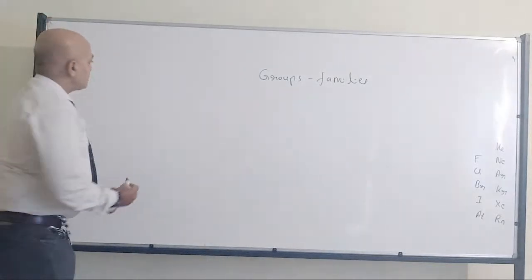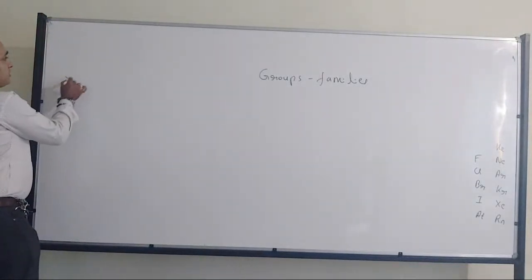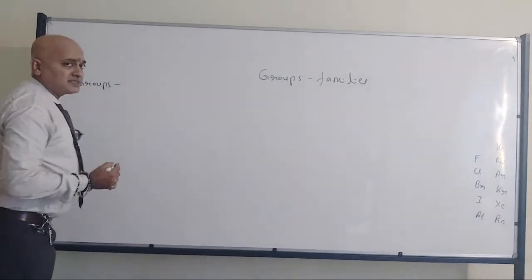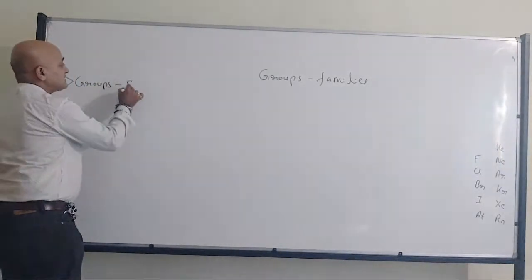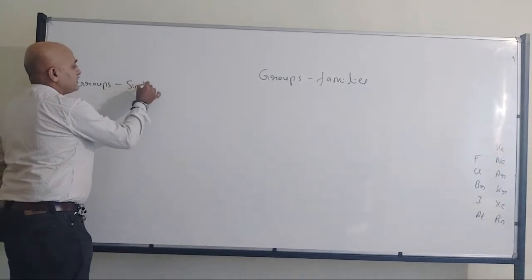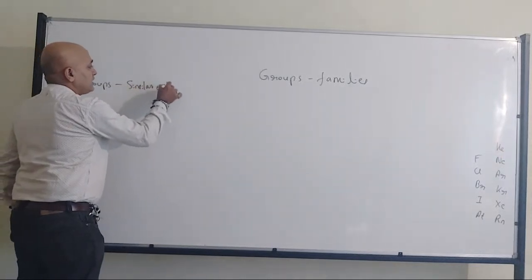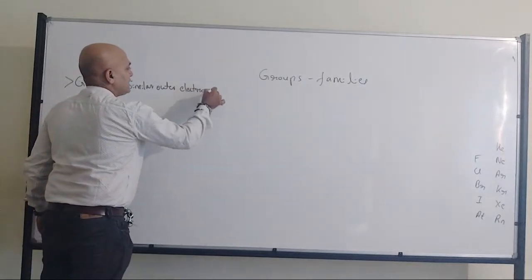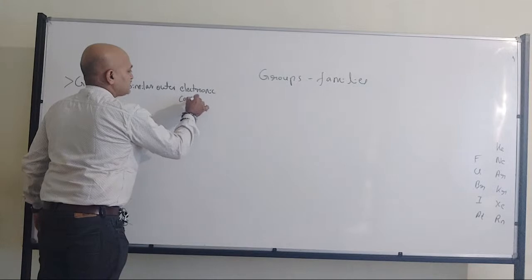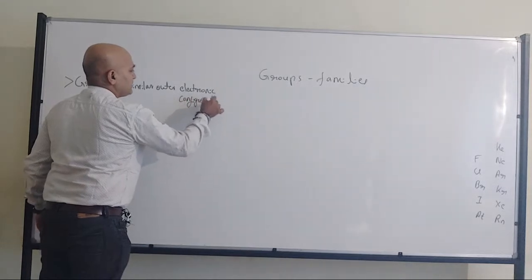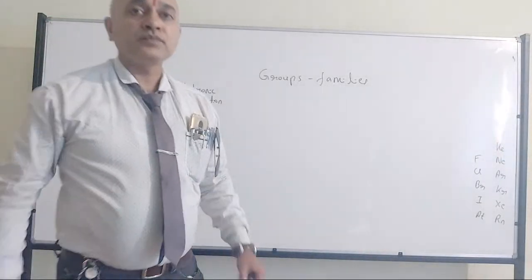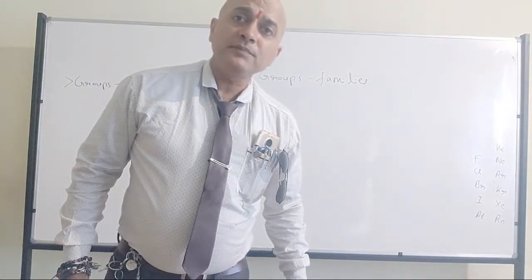So groups, whatever families, those elements will have similar outer electronic configuration. Fine? All of you have understood?